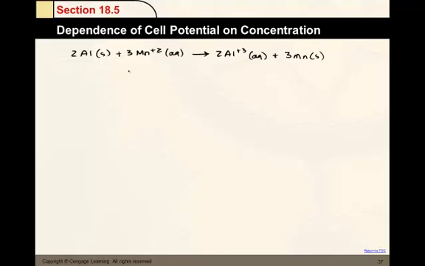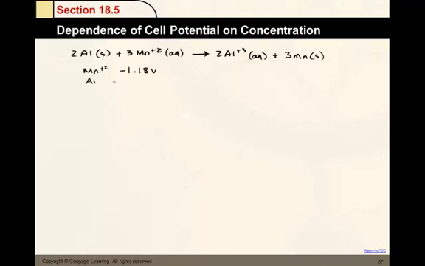So when you do, you realize that one of the numbers, of course, has to be flipped. So when you look up Mn2+, you get negative 1.18 volts. When you have aluminum, that one is the one I believe that has to be flipped.